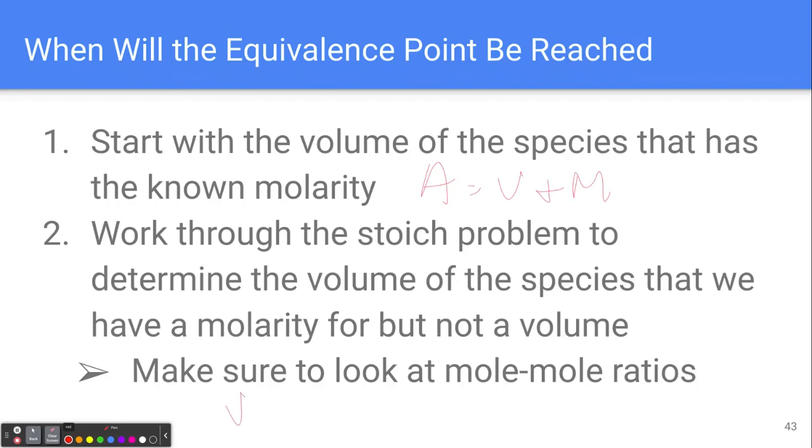So we would go from volume of A to moles of A to moles of B. And for B, we would know the molarity, we just don't know the volume. That's our question mark. So from moles of B, we can get to volume of B using that molarity.